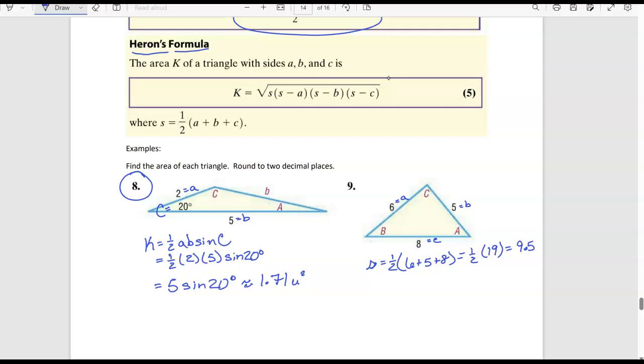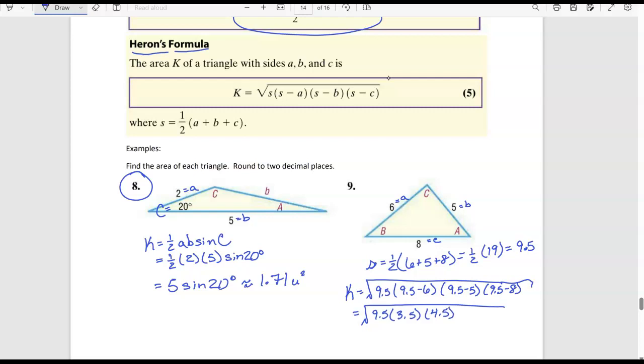so maybe we were dividing by 3, we would keep that as a fraction. Then Heron's formula says the area is going to be equal to the square root of 9.5 times 9.5 minus 6 times 9.5 minus 5 times 9.5 minus 8. So we got 9.5 times 3.5 times 4.5 times 1.5.